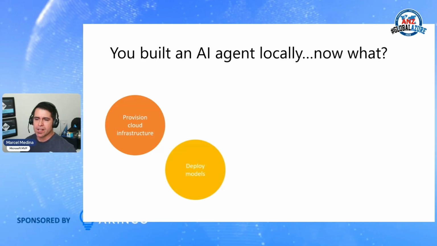The other concern is that when you're using the models, perhaps you're using something locally, maybe you're using something already in the cloud, but when you're talking about Azure and Microsoft Foundry, how are you going to be deploying that in there?